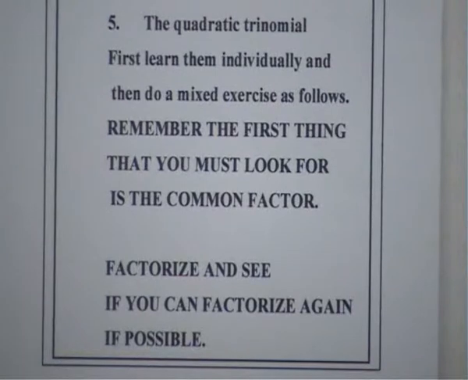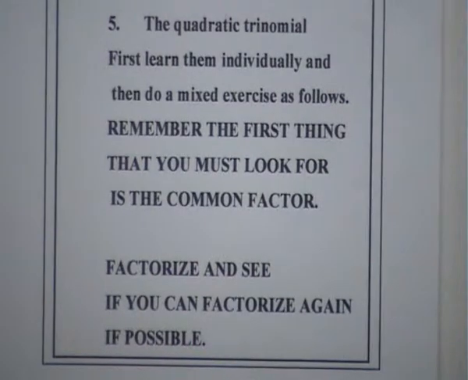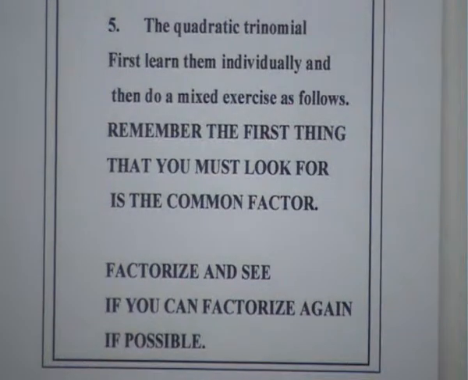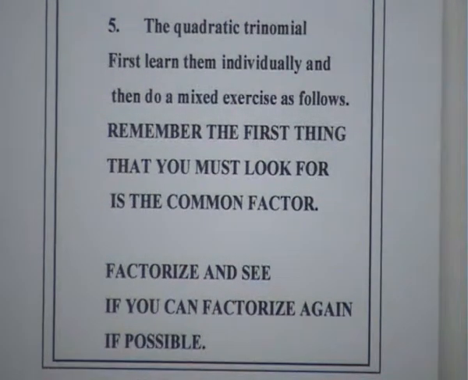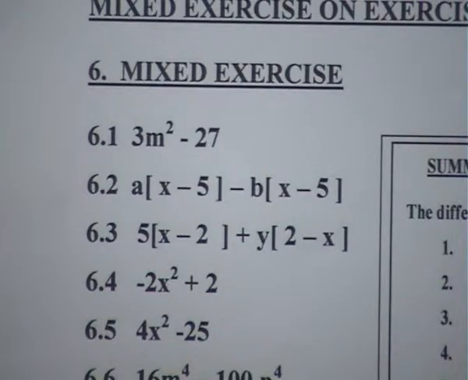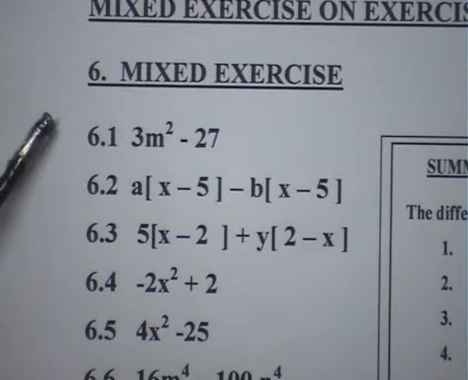Alright, so you've got your summary, keep it next to you, and then look at the mixed exercise and try it. Now I'm not going to give you the answers for these. I want you to try them, but I'm going to give you tips. If you look at 6.1, firstly it's got a common factor.